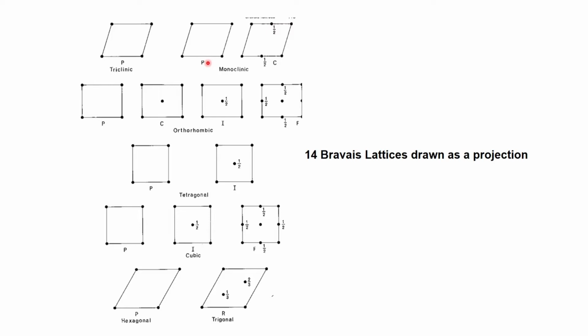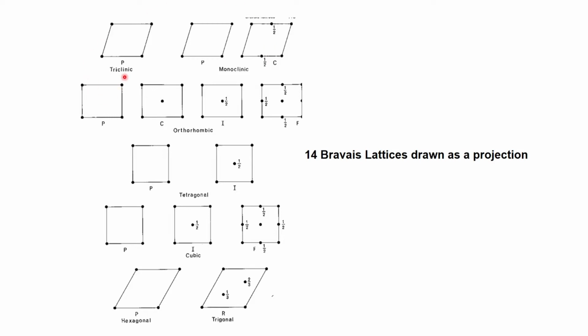So, this is P, the primitive lattice. In this case it is A here and C there, and this angle is beta. In this case, this is C here and A there, and that angle is beta. The C direction is centered with respect to the lattice centering. Therefore, we have 2 plane lattices associated with monoclinic, P and C, and therefore we have P and C lattices coming in 3 dimensions as well.